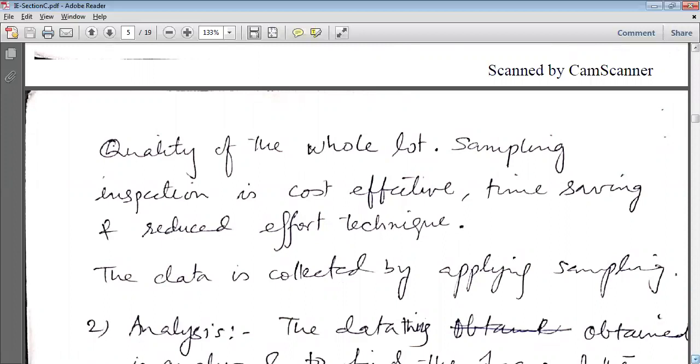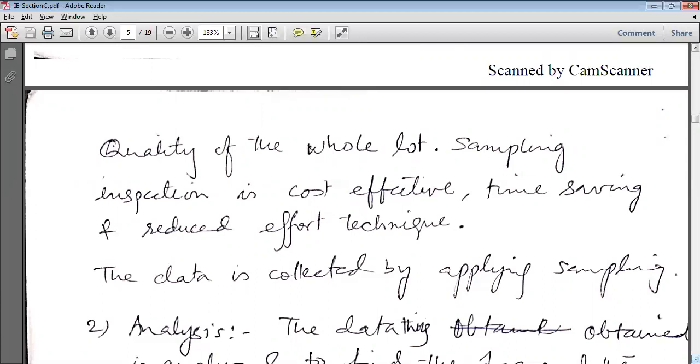One more thing I wanted to tell about sampling is that many times there is destructive testing. That means to check the quality, we have to destroy the part. If we apply 100% inspection, no product will be saved and all the products would be destroyed. So destructive testing also needs sampling, because we take a few samples rather than 100%.